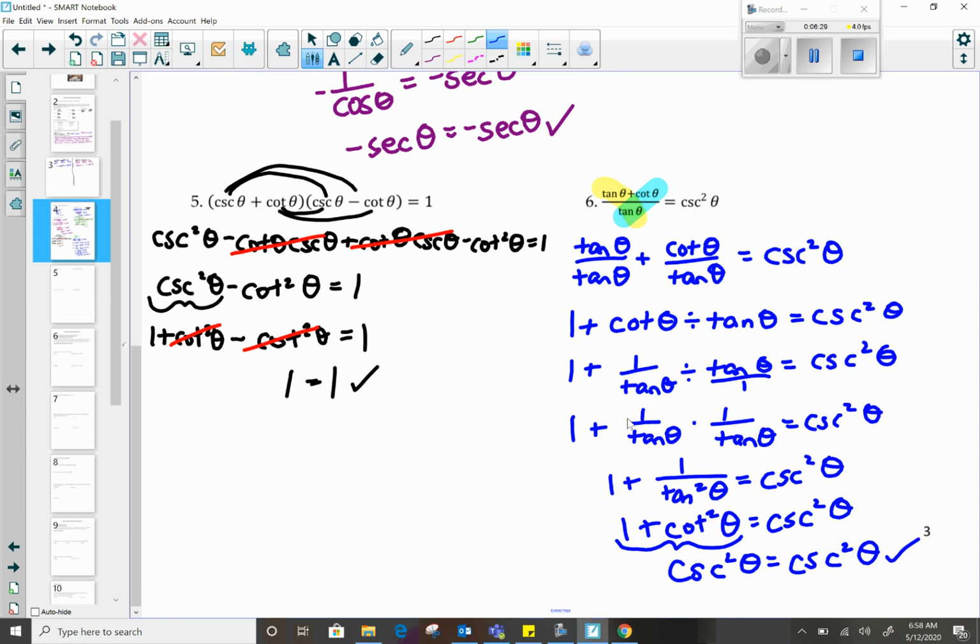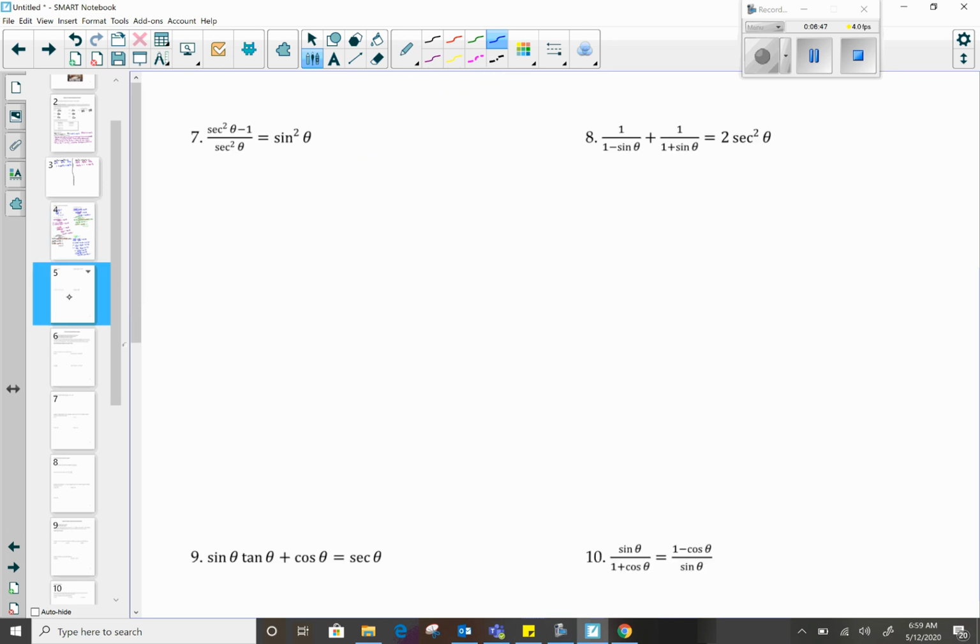And then the next step, I did keep change flip to get 1 over tangent squared, which is just cotangent squared. And this is a Pythagorean identity, which is just cosecant squared. And that's what we wanted. Nice. Okay, let's look at number 7.